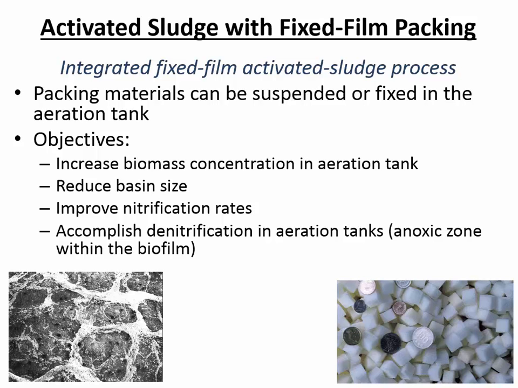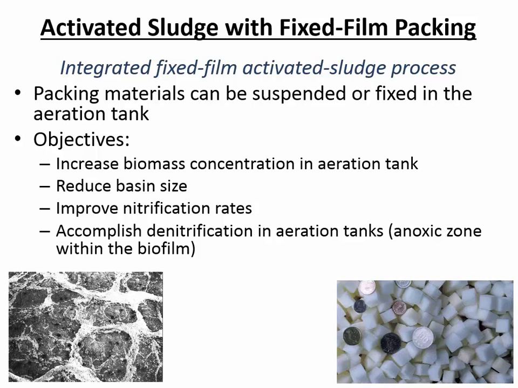Suspended growth doesn't have to be on a fixed material, though. A little foam cube, like is shown here, can be injected into an activated sludge system, and then you get some interesting benefits from having that foam cube.